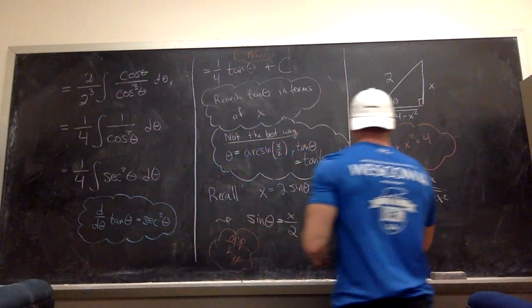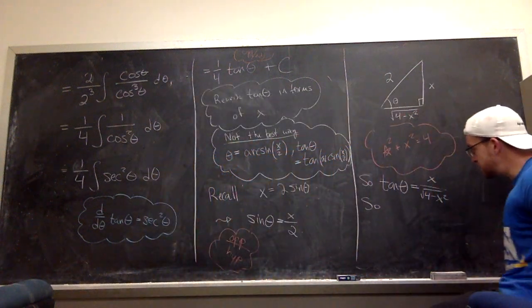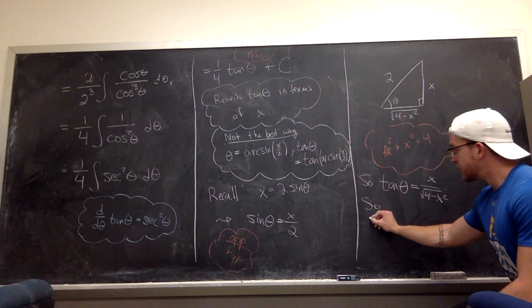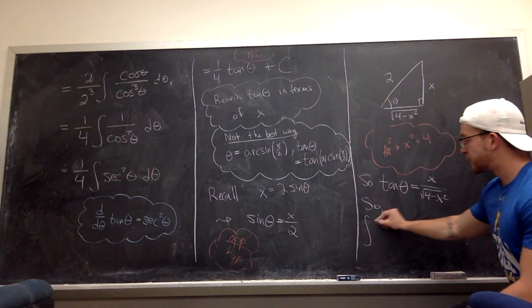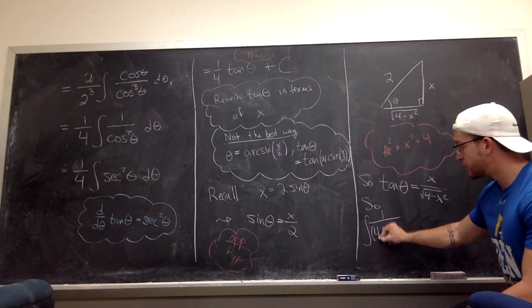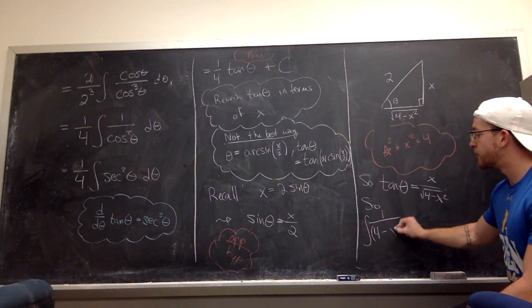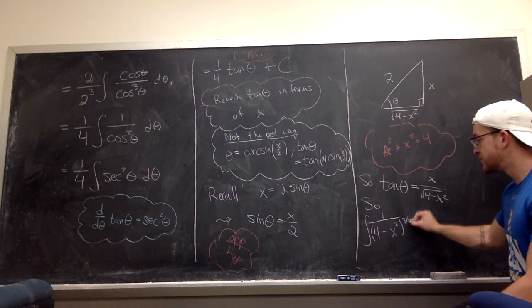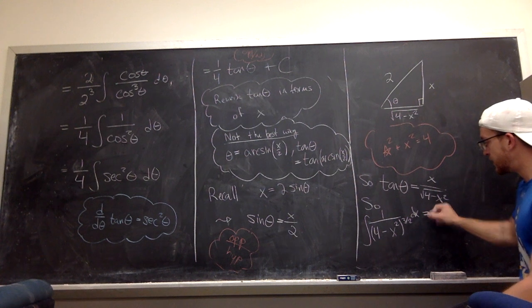To summarize, the integral that we started with, which I've long erased, was 1 over quantity 4 minus x squared to the 3/2 dx.